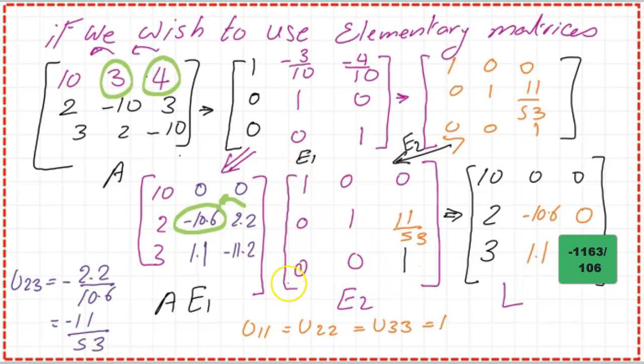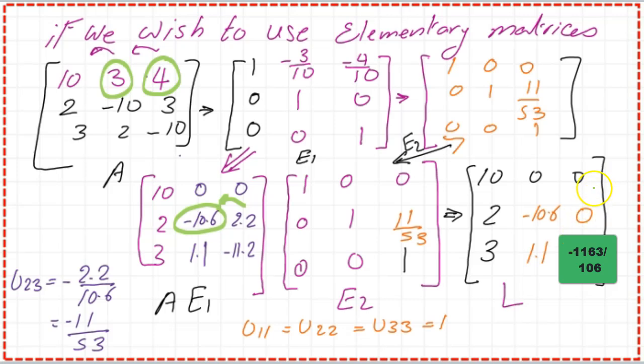Basically, since 1, 0, 0 as a column, there is no change for 10, 2, 3. Second column is 0, 1, 0, so for the second column there is no change. 0, minus 10.6, 1.1.